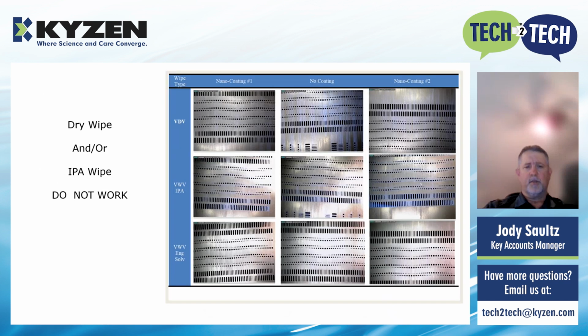So we talked about this a little bit. These are just some images and some testing that we did with dry wipes versus IPA versus an engineered solvent. And of course, the dry wipe, we use the dry vac sequence, and then a wet vac on both the engineered solvent and the IPA. And once again, if you look at the ultraviolet images, you can see streaking with the dry wipe process. And even with the IPA, you can see some streaking and some paste left in the apertures as well.